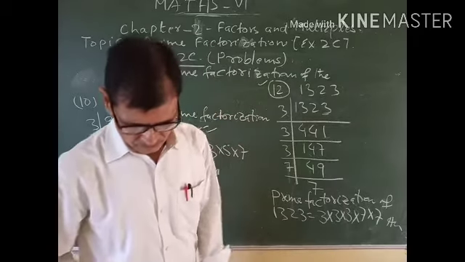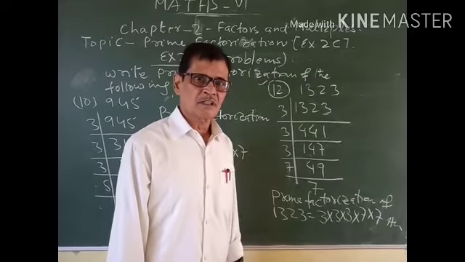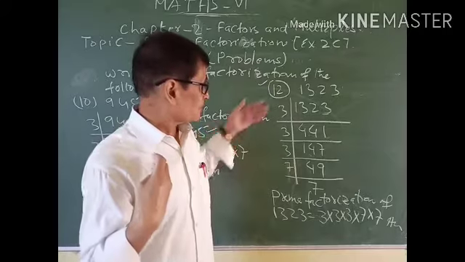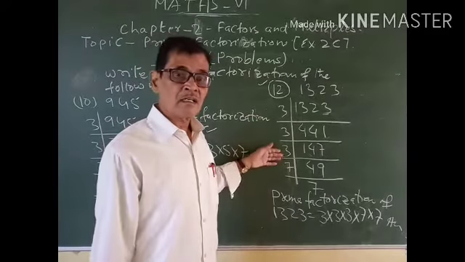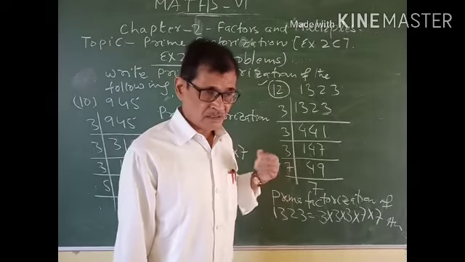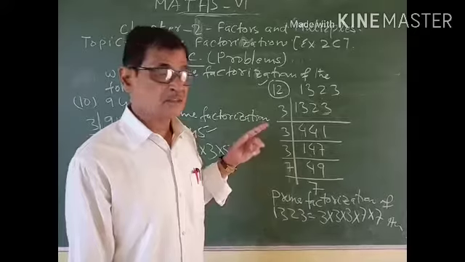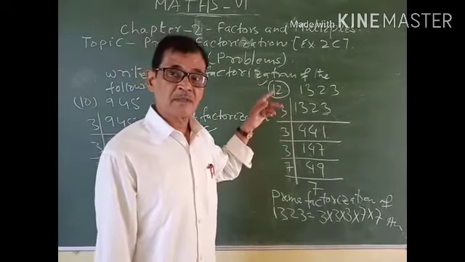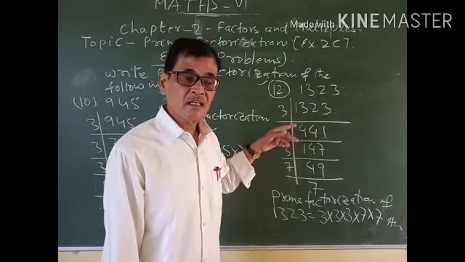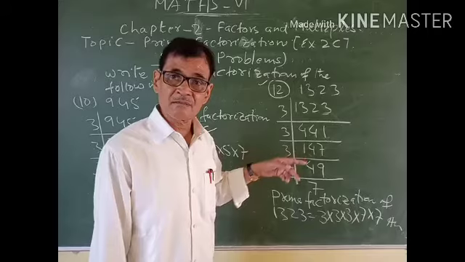Now you have observed how important divisibility rules are for us. For this situation, I have explained to you the divisibility rules. So by any means, keep all those rules: divisibility by 2, divisibility by 3, divisibility by 4, divisibility by 6, divisibility by 8, divisibility by 5, divisibility by 10.